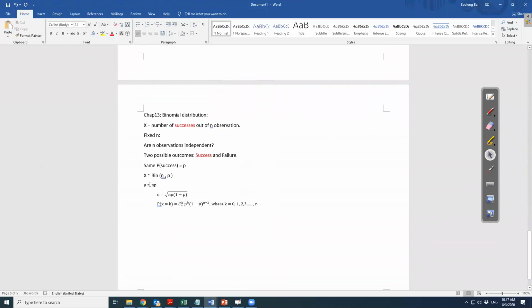Right? So for binomial distribution, we have 3 different calculation formulas. One is the mean, the other is the standard deviation, and then the formula to calculate the probability. This is most important, right? Okay.